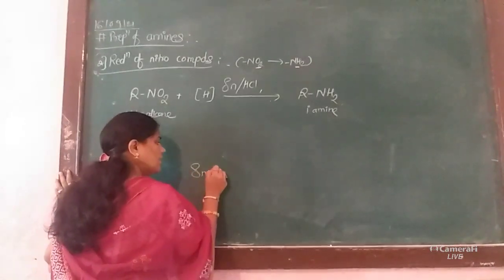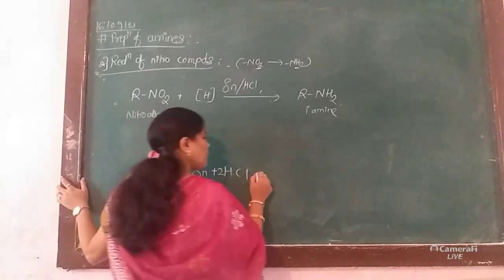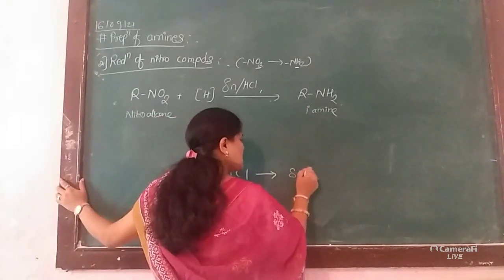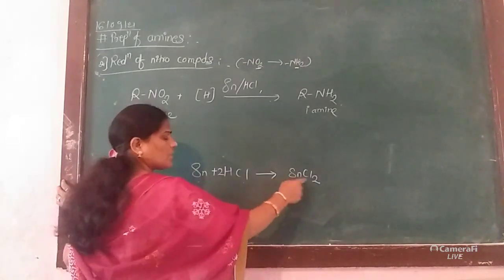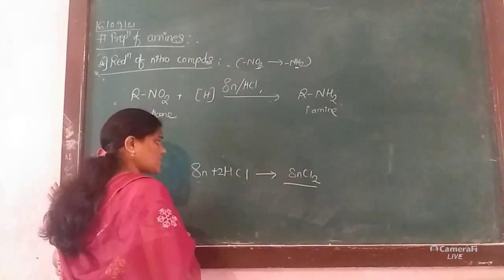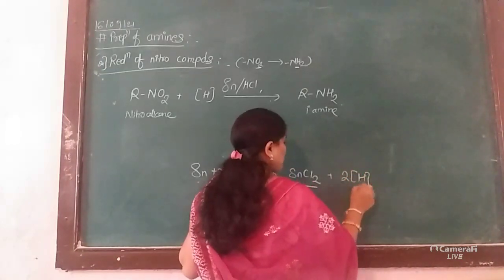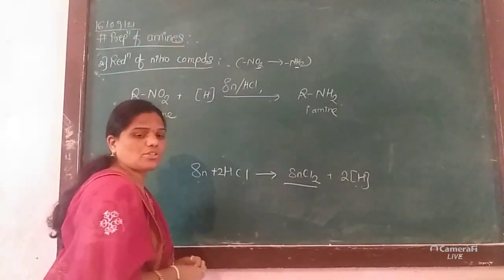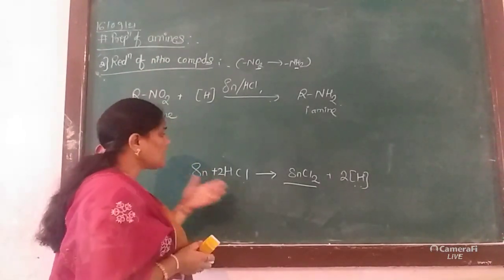When tin reacts with HCl, it forms SnCl2, that is the stannous chloride, with the formation of two molecules of nascent hydrogen. Two molecules of nascent hydrogen are formed here. Okay, so the reduction is possible.